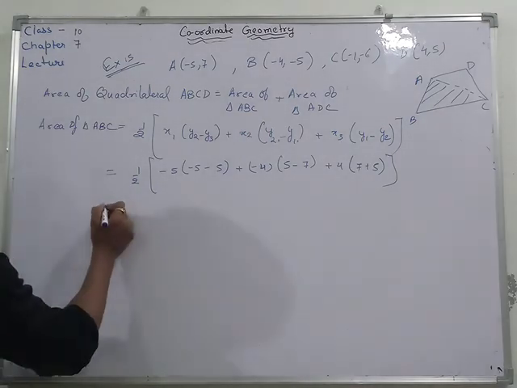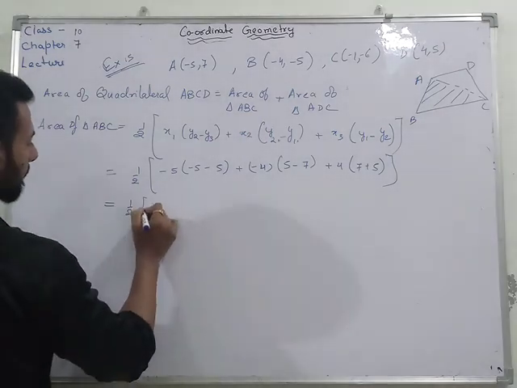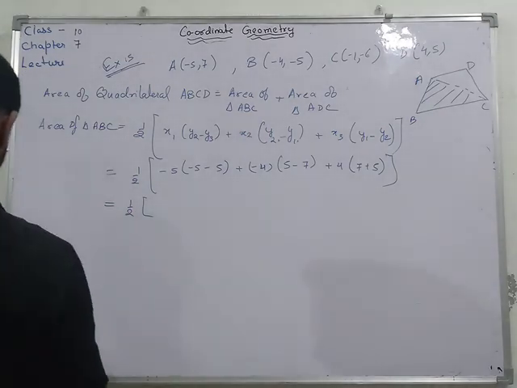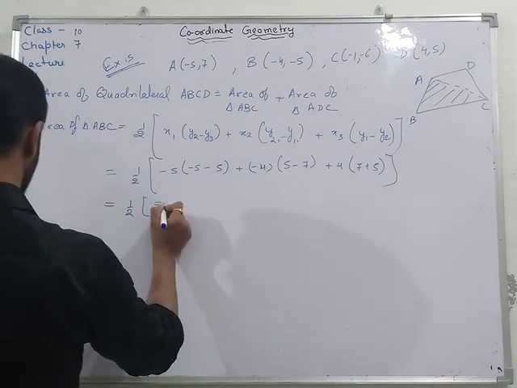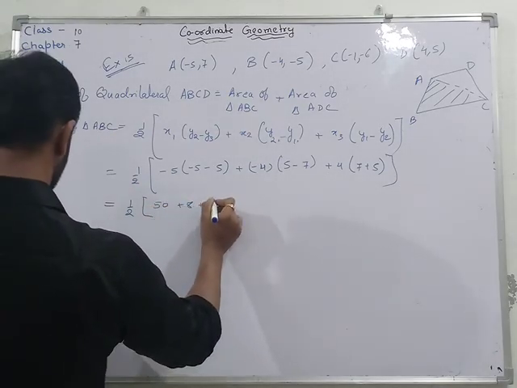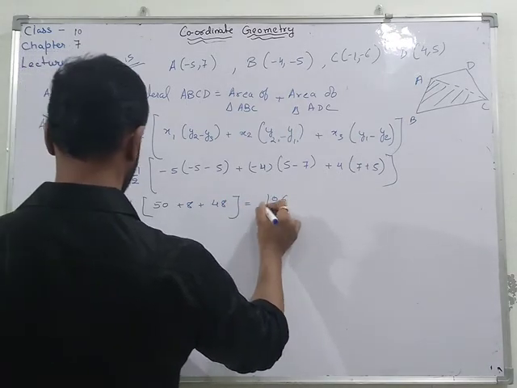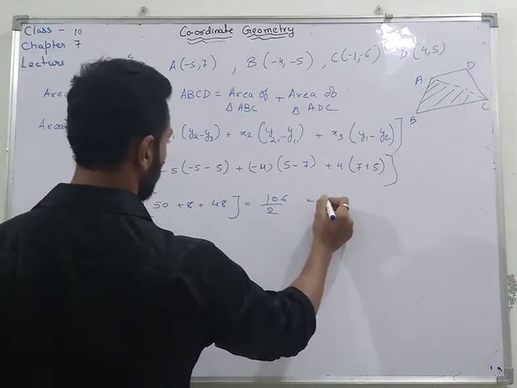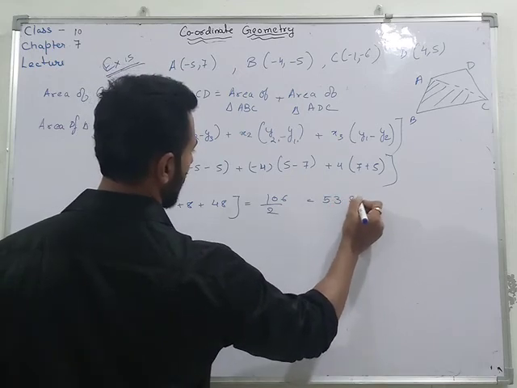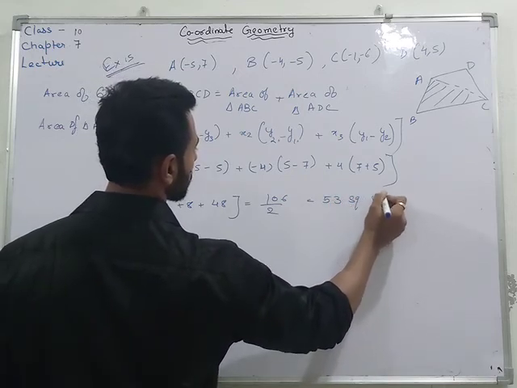Solving this will be 1 by 2 (50 plus 8 plus 48), which is equal to 106 upon 2, equal to 53 square units.